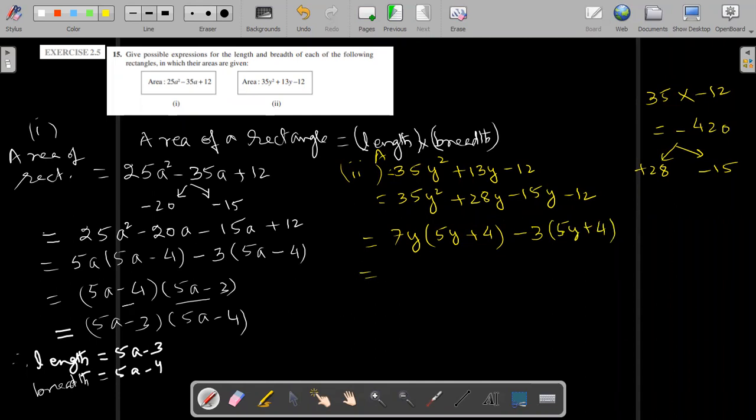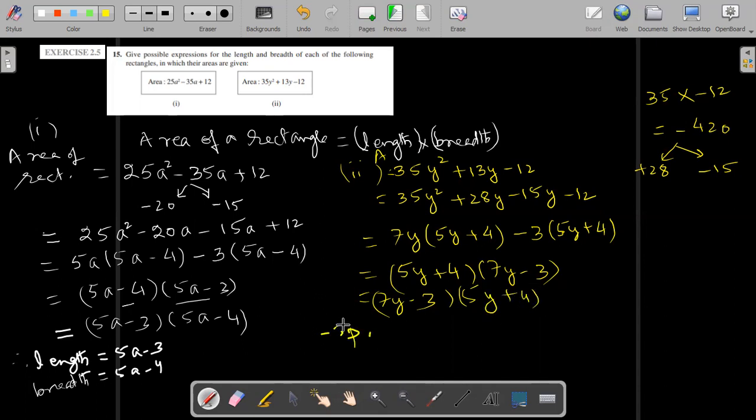Now take out common 5y plus 4 into 7y minus 3. So the length will be 7y minus 3, and the breadth will be 5y plus 4.